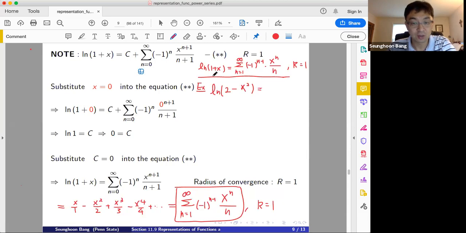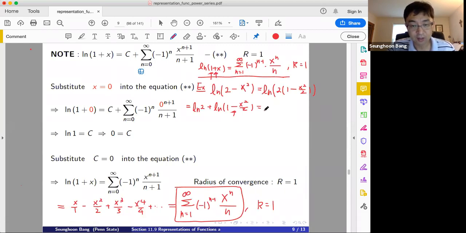Only change 2 to 1, ln, take out 2. 1 minus x squared over 2. This is the same as ln of 2 plus ln of 1 minus x squared over 2. So this is like a negative sign; you can change it to a positive sign.